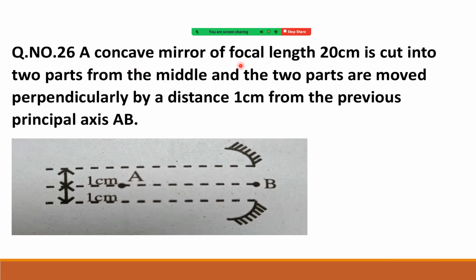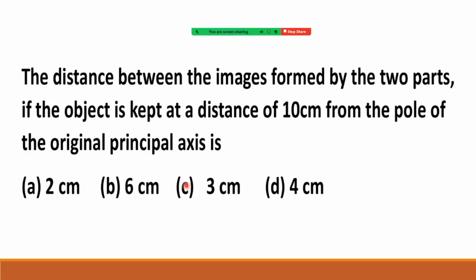A concave mirror of focal length 20 centimeter is cut into two parts from the middle, and the two parts are moved perpendicularly by a distance 1 centimeter from the previous principal axis AB. This is now the original principal axis.